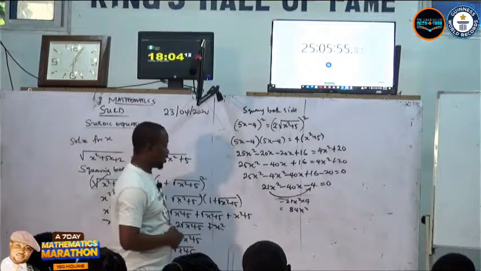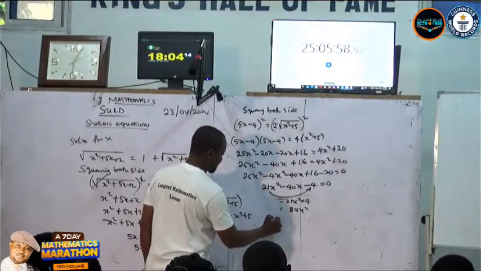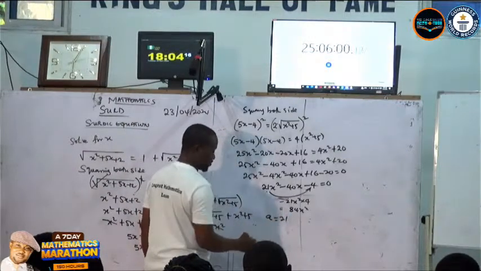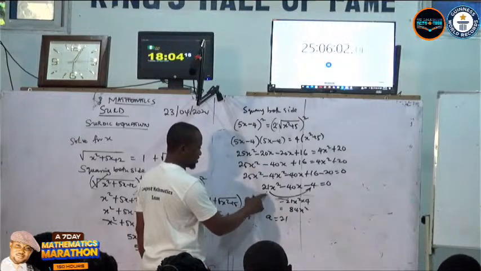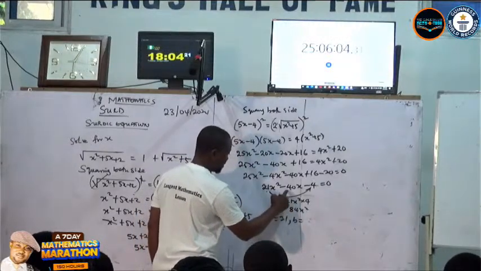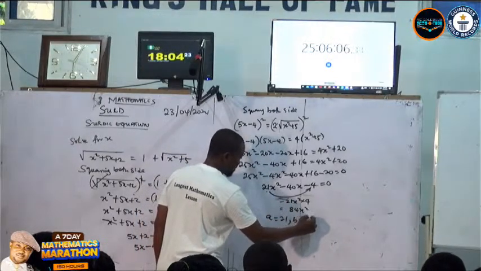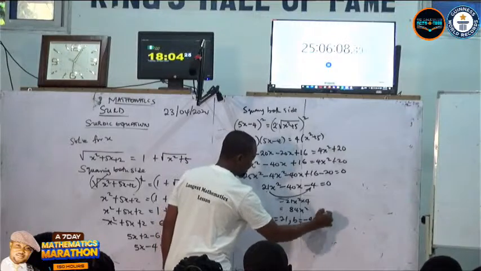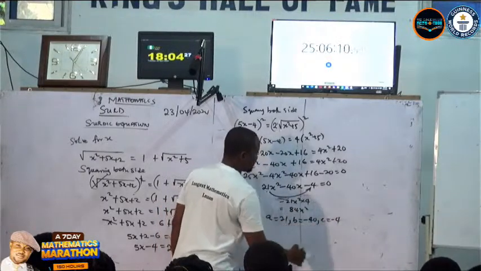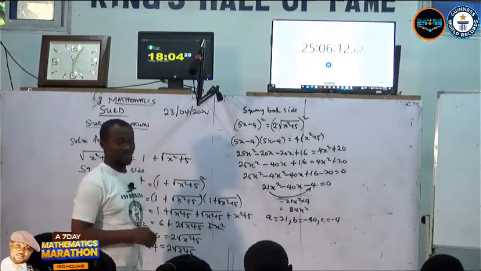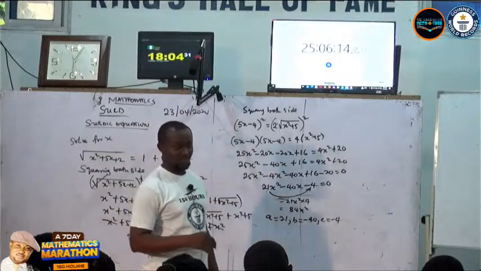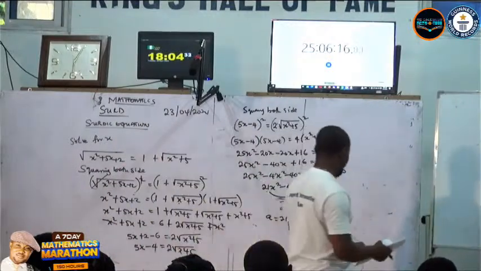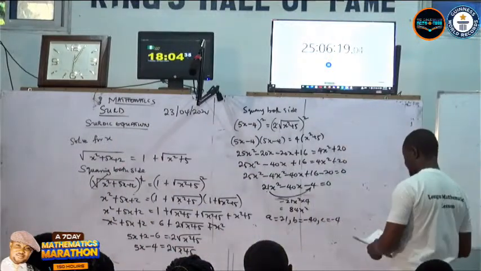So in the almighty formula, we have, in this case, a equals to 21. The value A is there. B equals to what? Minus 40. And C equals to minus 4. So let's fix up those values there in order to have the corresponding value of x we are talking about.